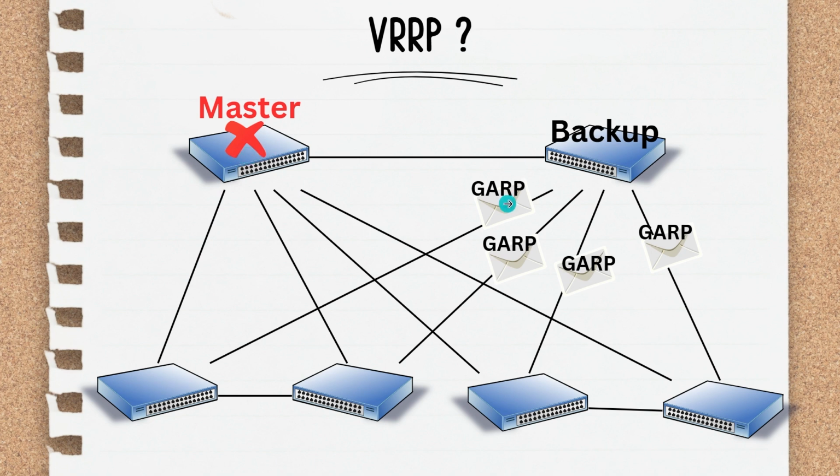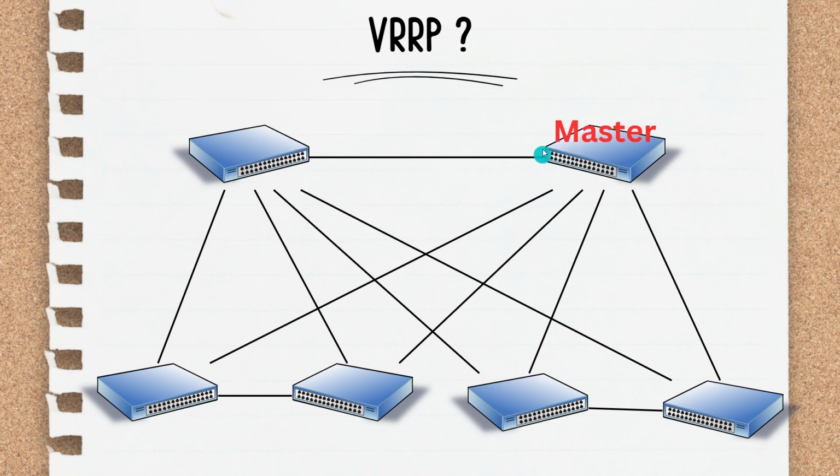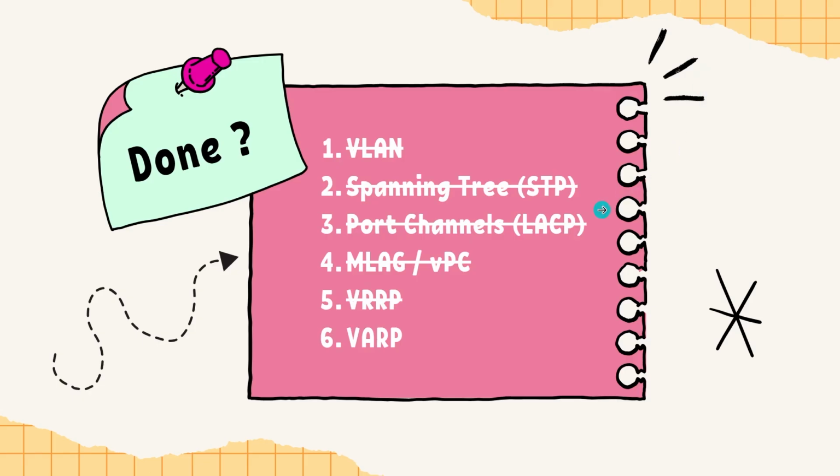But now, having sent this GARP, the MAC entry for the gateway IP will be the MAC address of this backup device. So that's how VRRP works. And now this device will become master. And that makes our conclusion for VRRP.